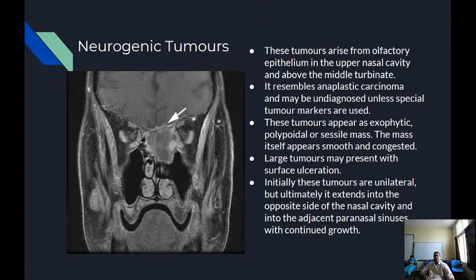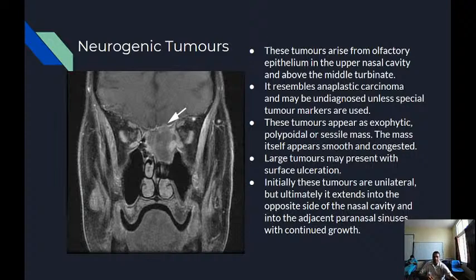Then we go to the nerve-related, that is the neurogenic tumors, and as I told you, these are usually arising from the olfactory epithelium, which is in the nasal cavity, present almost at the roof, above the superior turbinates and the corresponding area on the septum.